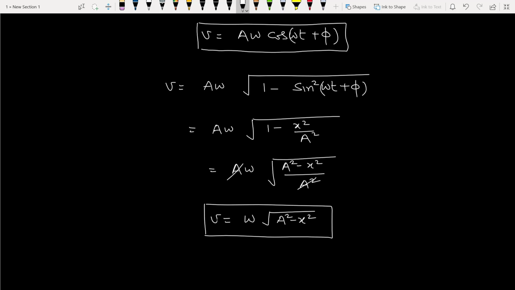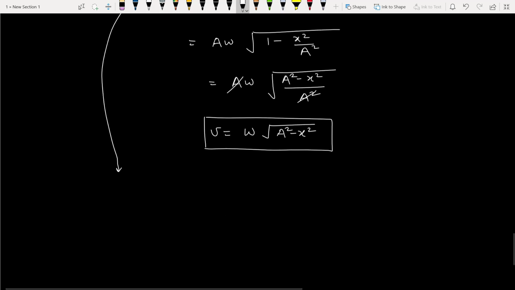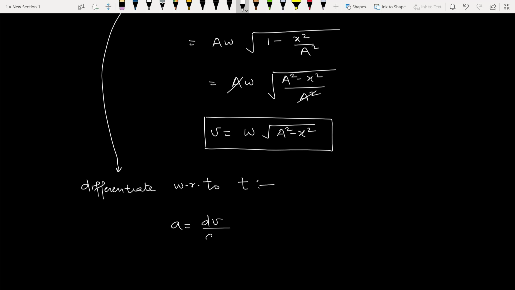So next is acceleration. When we differentiate this equation with respect to time, we will get acceleration, dv by dt. So it will be d by dt of a omega cos(omega t plus phi).